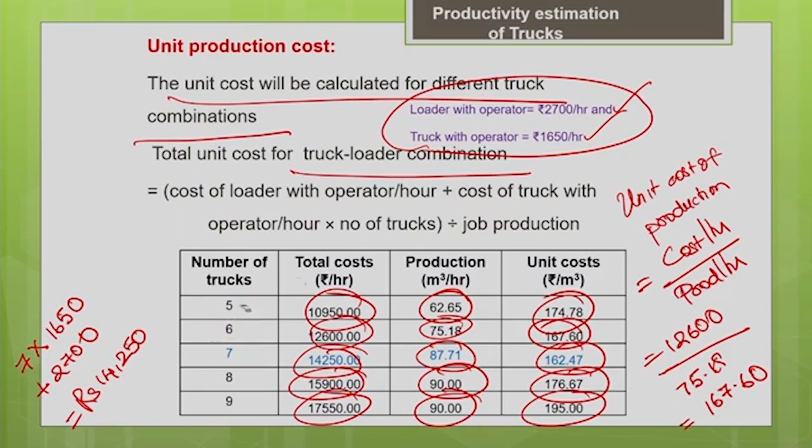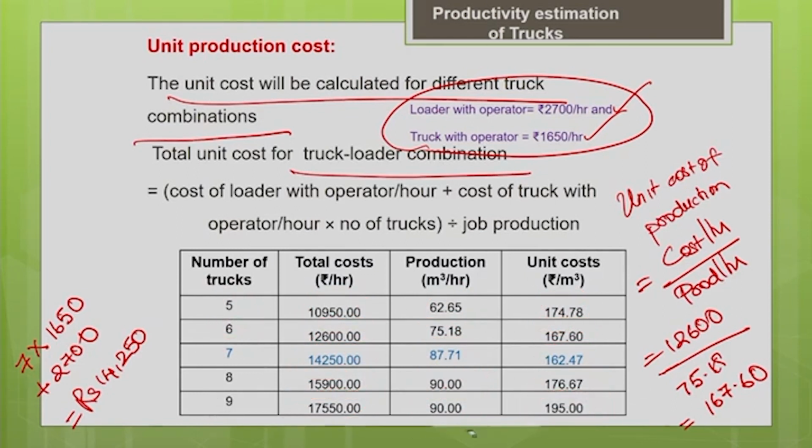One important thing you have to note here is, when the number of trucks is 5, though the total cost is less in this case, the productivity is also less. That is why you can see that the unit cost is high. But as your number of trucks increases, the productivity increases significantly. That is why your unit cost of production reduces.